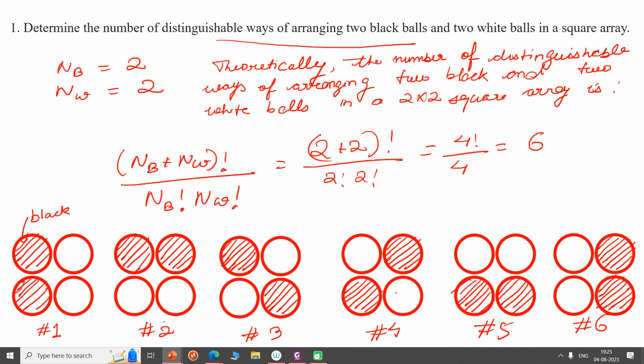Okay, so these are the total number of ways of arranging two black and two white balls in a square array.